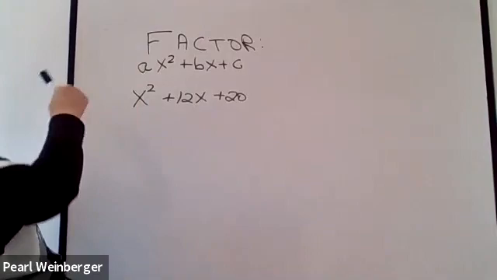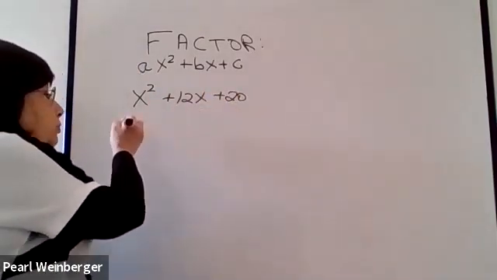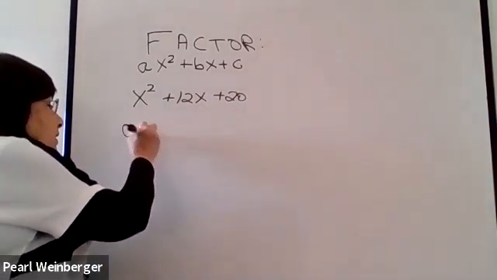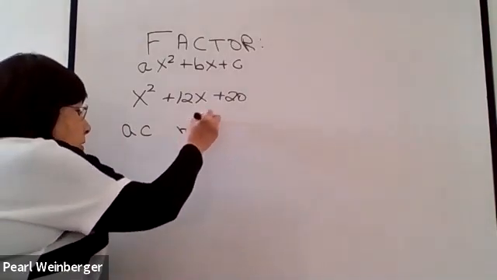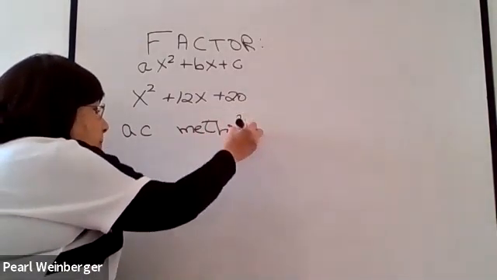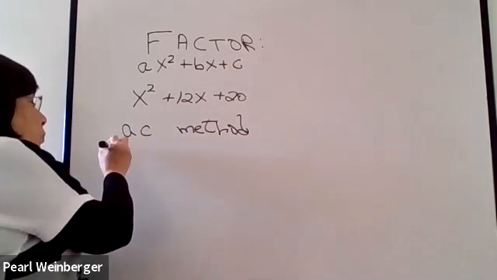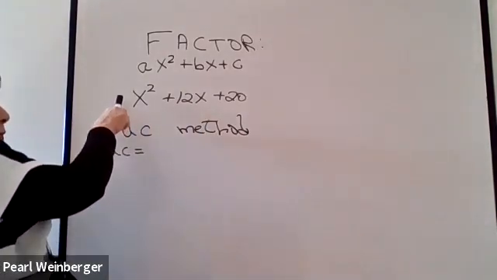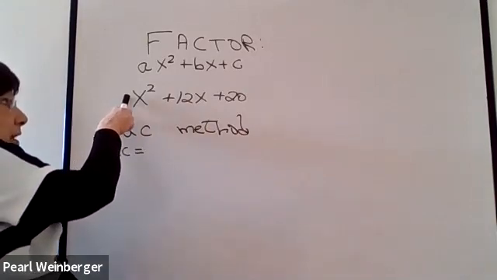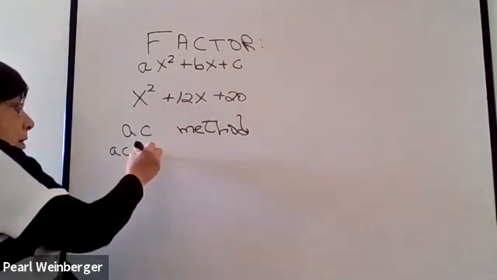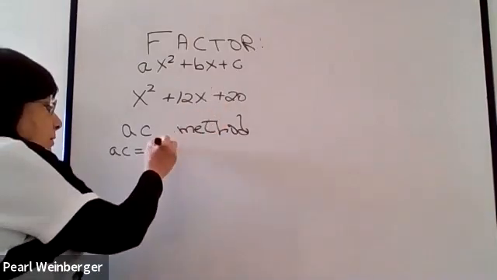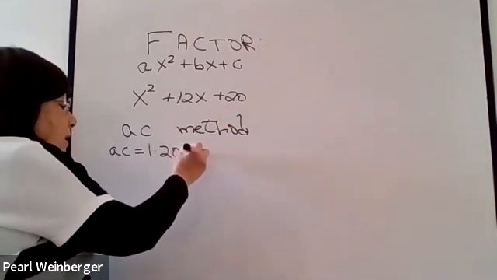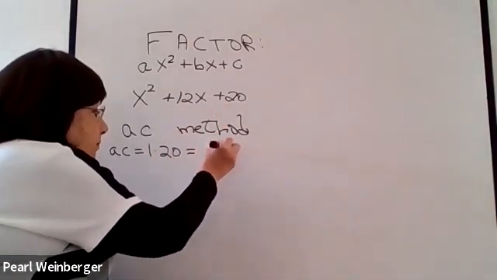And very often the method that we're using is called the AC method. Your first step is to figure out what is A times C. So in this case, the A is 1 and the C is 20. So my AC is 20.